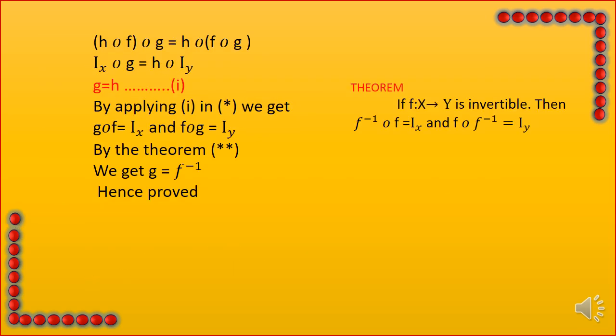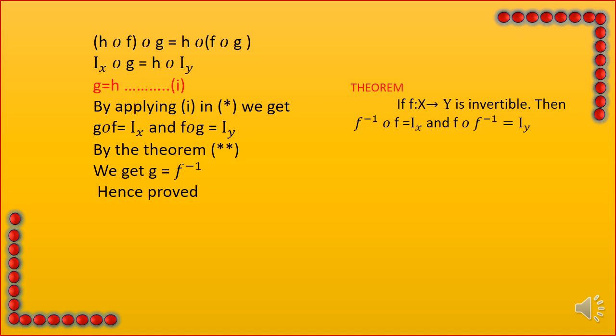h composition f composed with g is equal to h composition of f composition g. h composition f is equal to I_X, composition of g, is equal to h composition f composition g, which is equal to I_Y. I_X composition g is written as g and h composition I_Y is written as h.